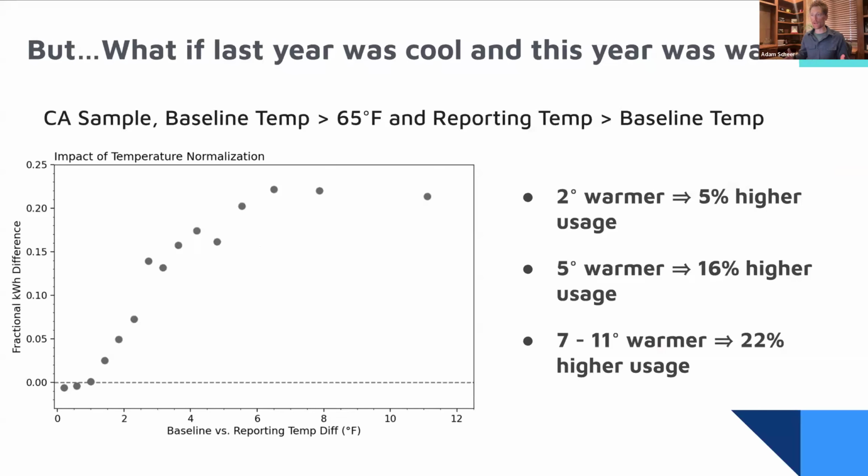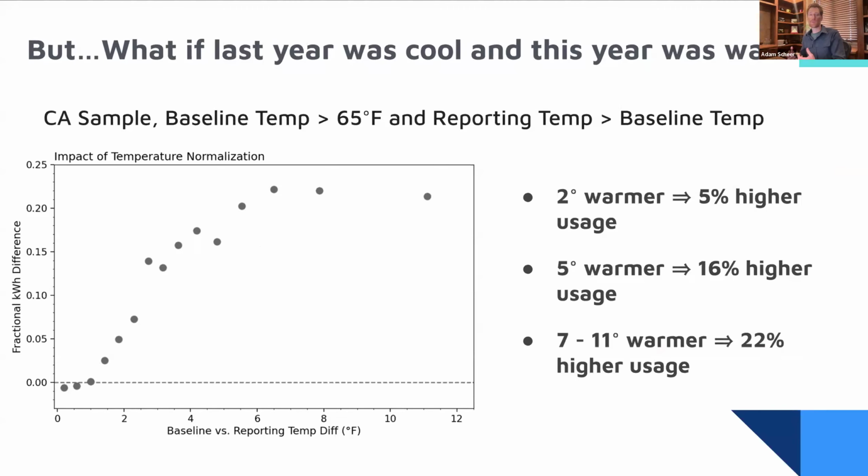And the graph I'm showing you right here is an analysis that we did that looks at year over year changes in energy consumption as a function of the difference in temperature between the second year and the first year. And what we see is temperature alone, not to mention many other factors, is a huge driver of energy consumption within a building.